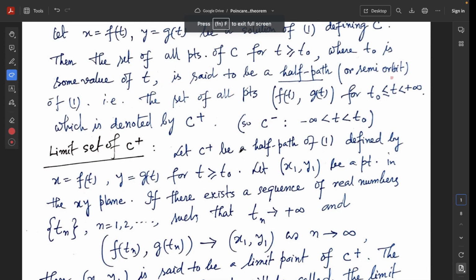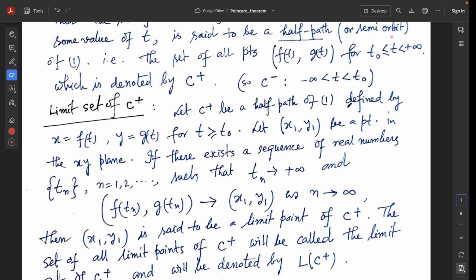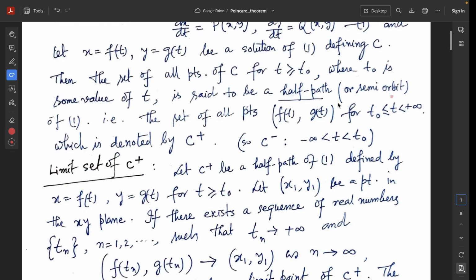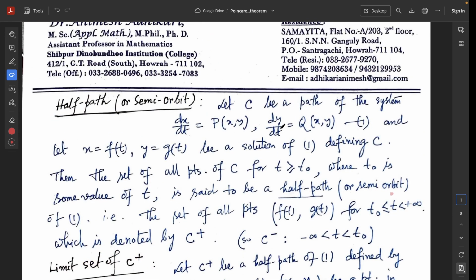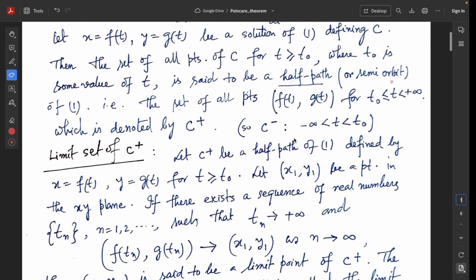Next, the limit set of C plus. Let C plus be a half path of the system 1, this first order nonlinear differential equation, defined by x equal to f(t), y equal to g(t) for t greater than t0. And let (x1, y1) be a point in the xy plane.